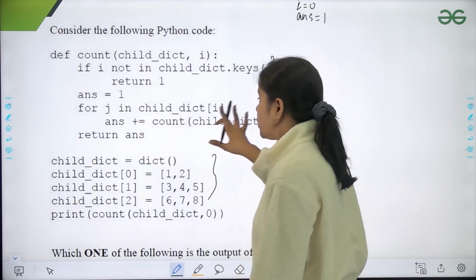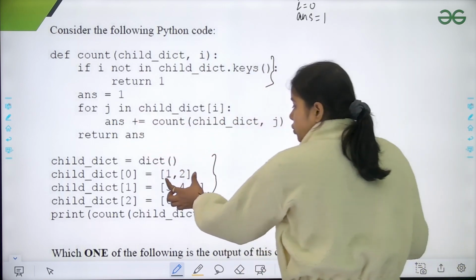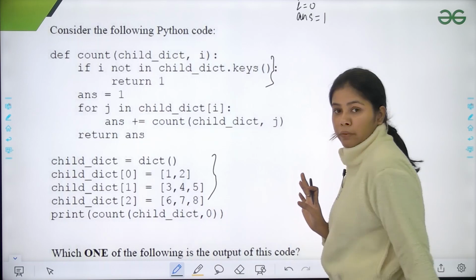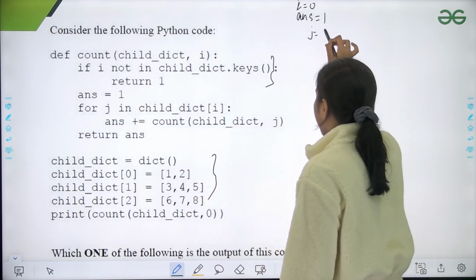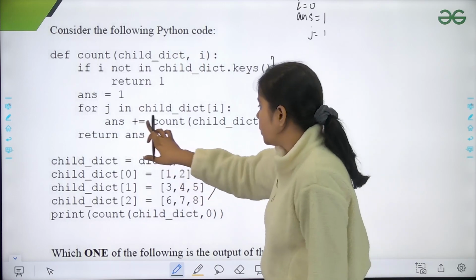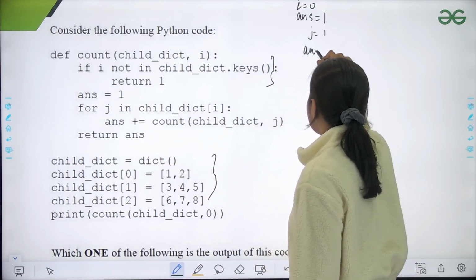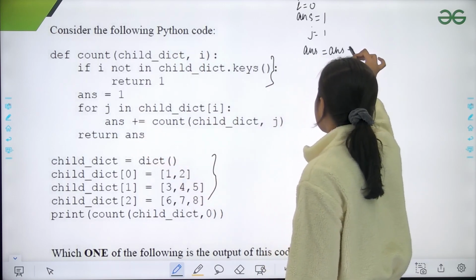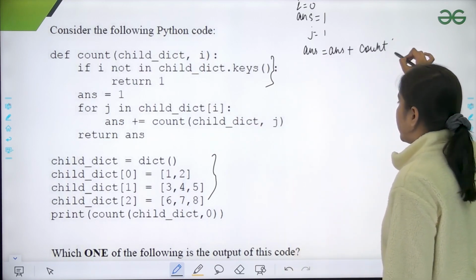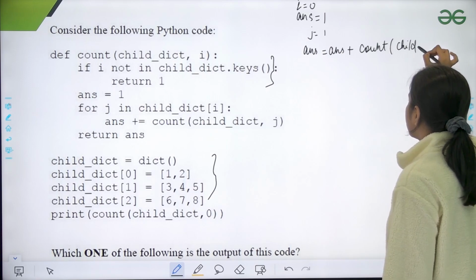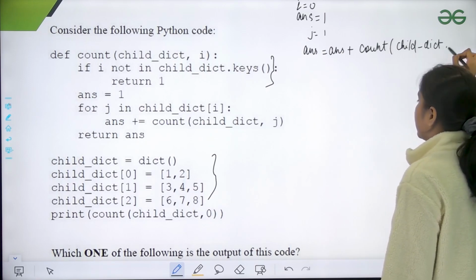Now for j in child dict i, right? So child dict i would become 1 2. So I'll take the first value 1. So j is equal to 1. If I take j equal to 1, answer is equal to answer plus count of child dict, the dictionary remains the same, and the value would become 1.